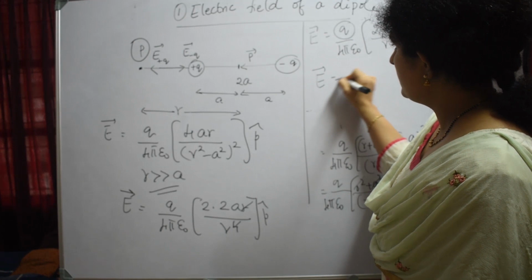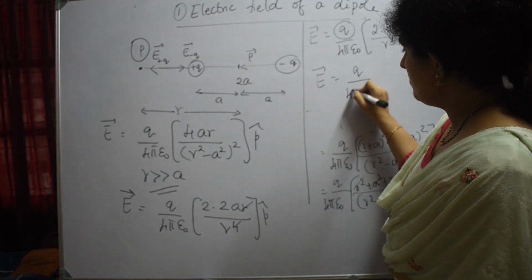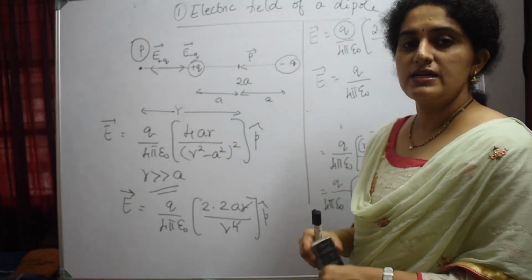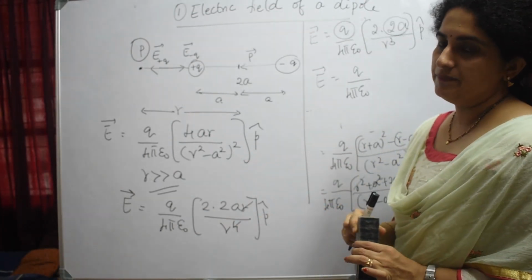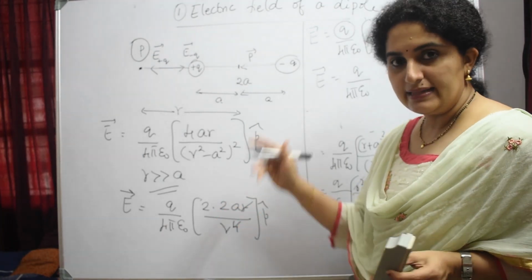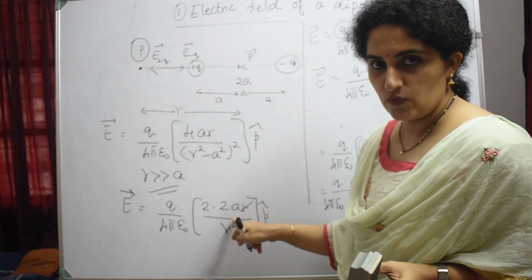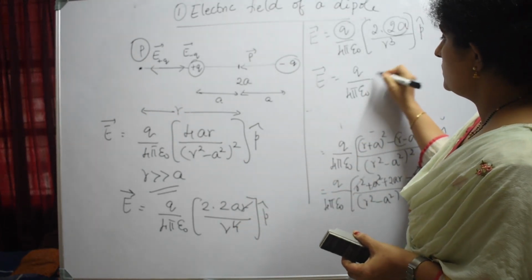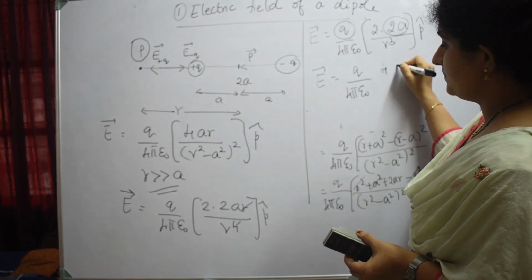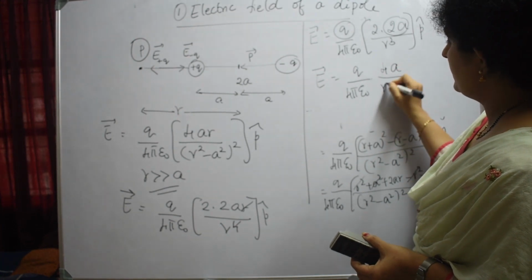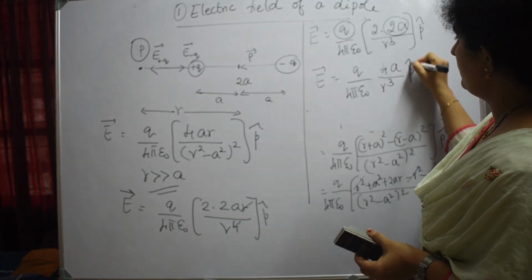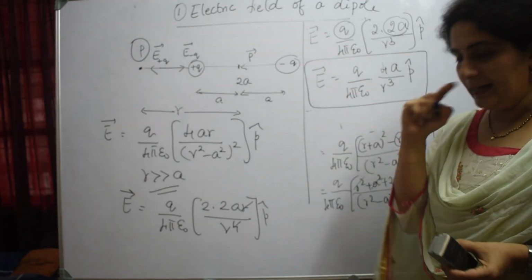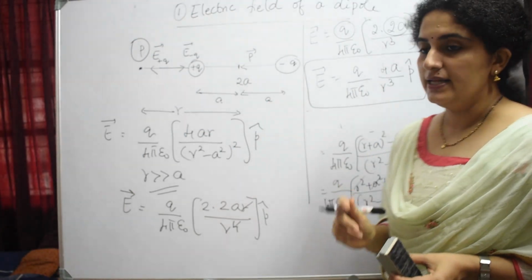So now just remember like this, q divided by 4 pi epsilon naught. This you just keep in mind. After the second derivation, clubbing together I will explain. Here you can directly write in the examination, you can directly write it as 4a. I have written here just to explain that concept. So it is 4a divided by r cube into p cap. So this is the expression for electric field along the axial line.